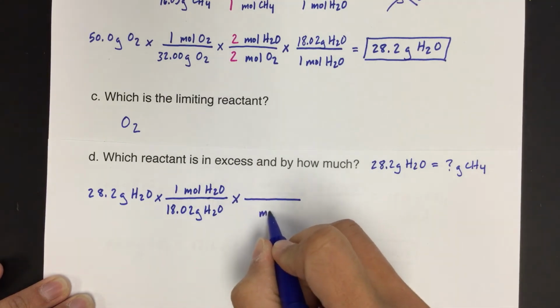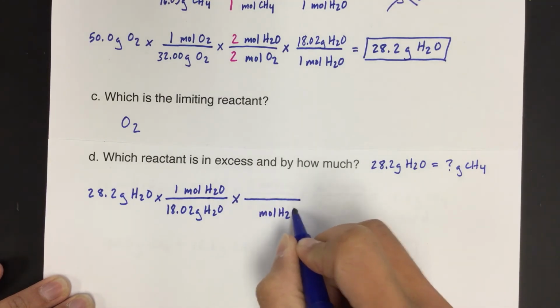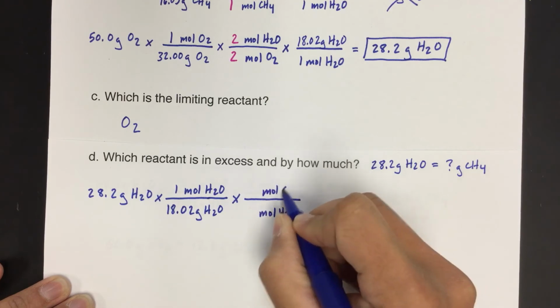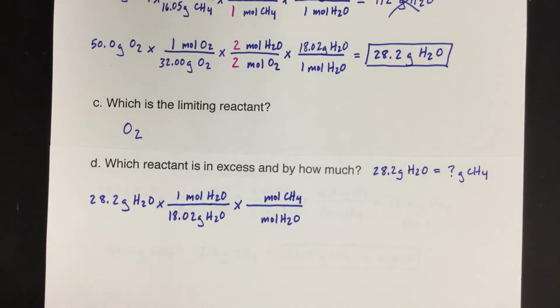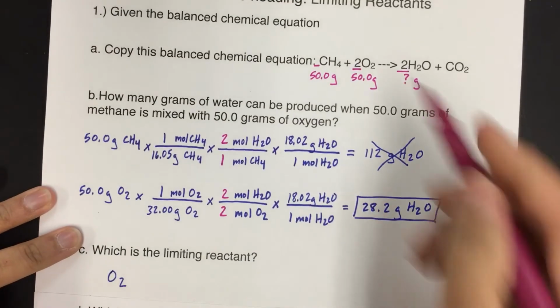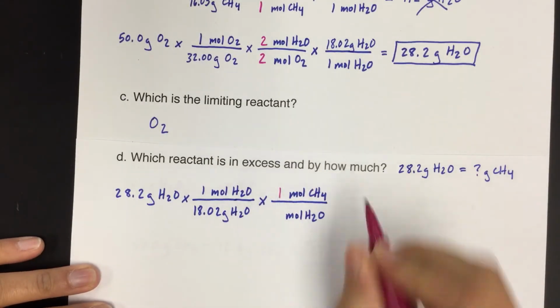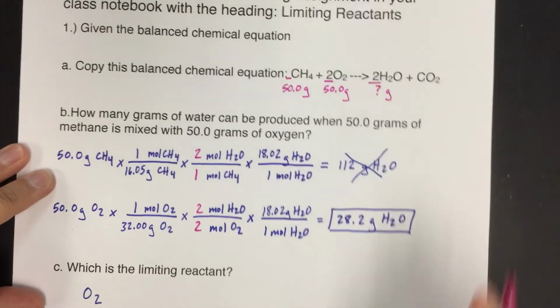So moles of water will go on the bottom, and moles of methane will go on the top. And remember, to get these numbers, we'll look at our balanced chemical equation. Moles of methane here is 1, and moles of H2O here is 2.